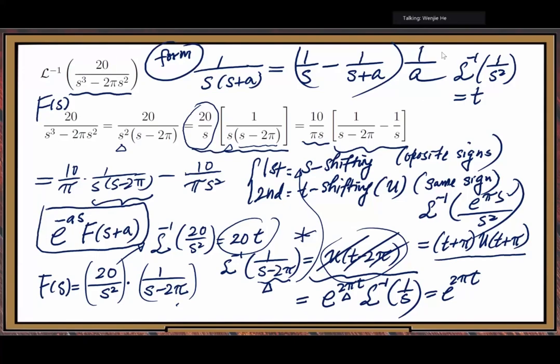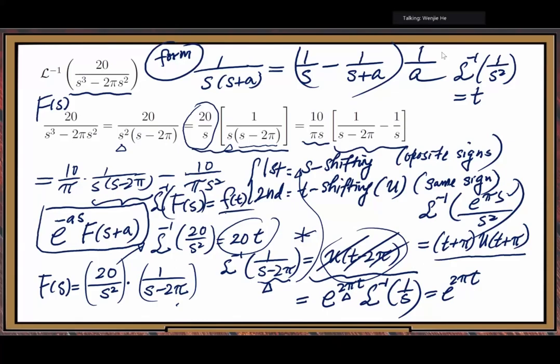Think about this question. Based on your understanding of first shifting and second shifting, can we apply? You can use any order. Suppose the inverse Laplace transform of F of S is known, is f of t.